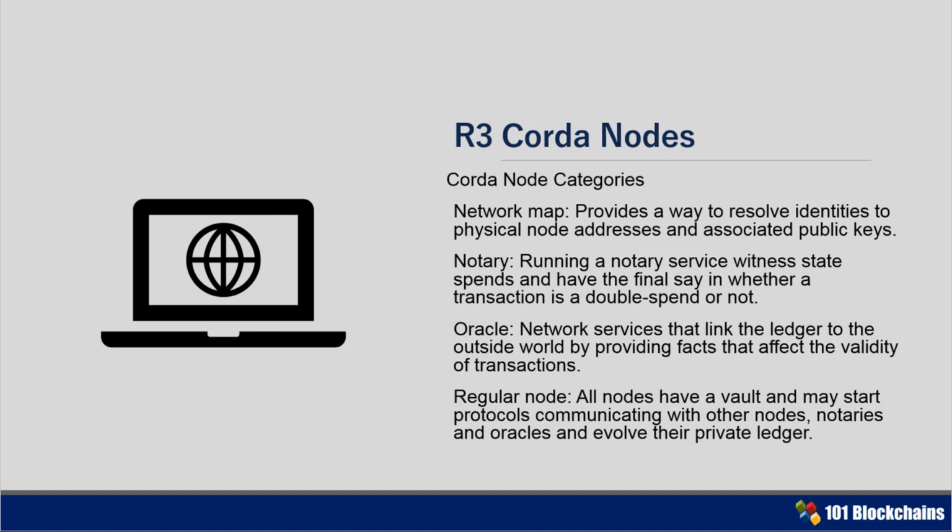Now, a notary is a different kind of concept compared to other blockchains. A notary is effectively a component in the blockchain that we deploy to provide some kind of uniqueness to avoid double spending.